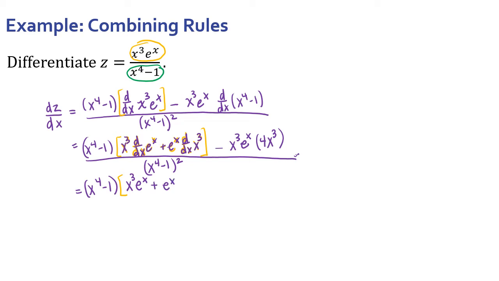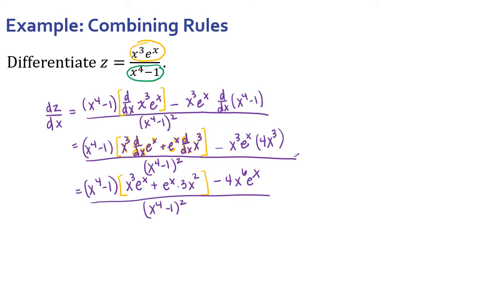The derivative of x cubed is 3x squared. So now I found that derivative. And then when I simplify this second term out, I'm going to get 4x to the 6th power e to the x all over x to the 4th minus 1 quantity squared.